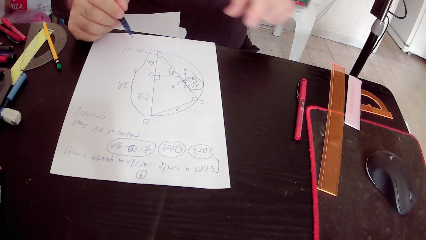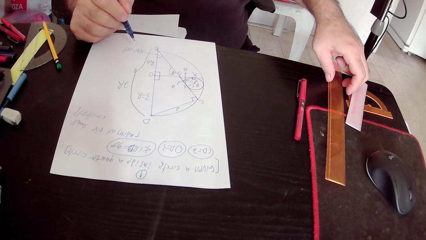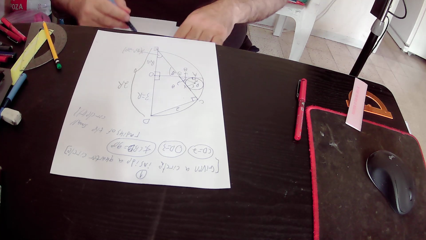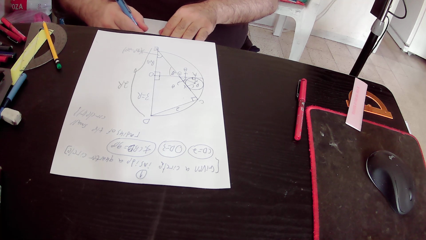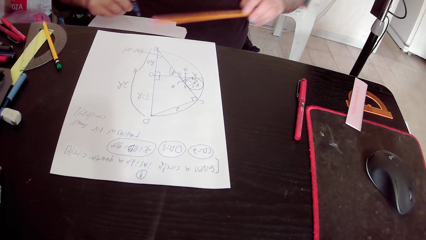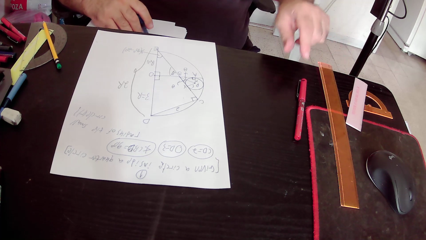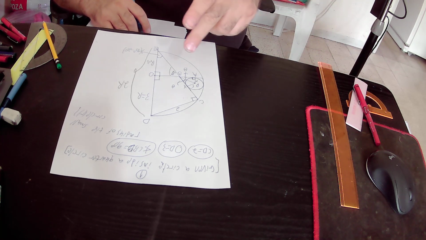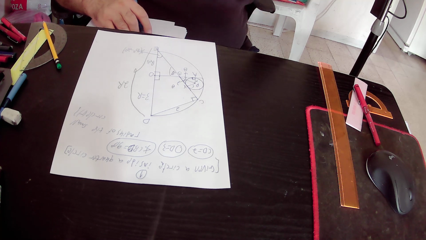In the next step, we will focus on the right triangle, triangle CDE. We know also that the sum of the angles in the right triangle CDE equals 180 degrees.